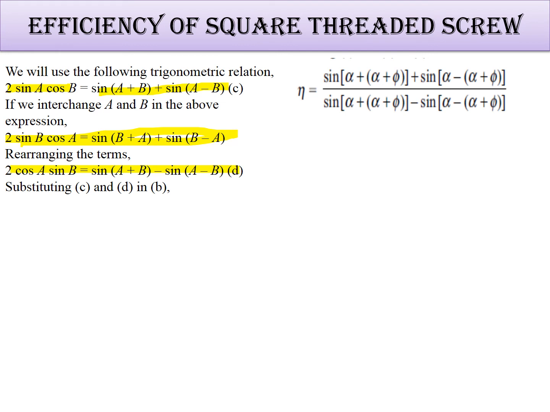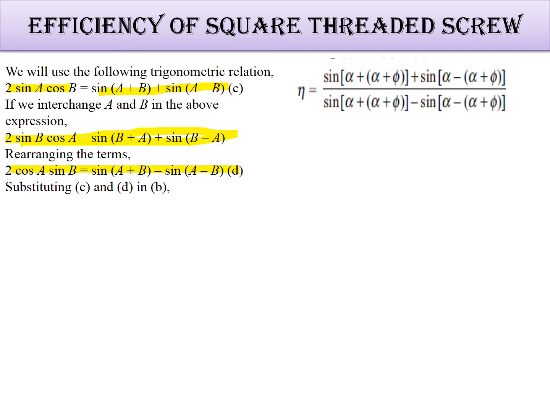So C and D in B, which we have seen. In the previous equation, now I am putting this term. So 2 sine of alpha plus phi will become this way: sine of alpha plus phi, because in the next term cos of alpha plus phi was there.